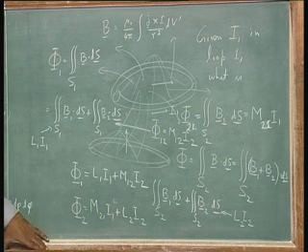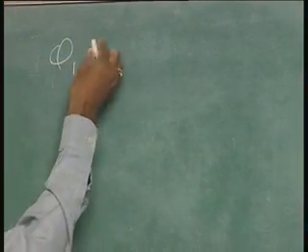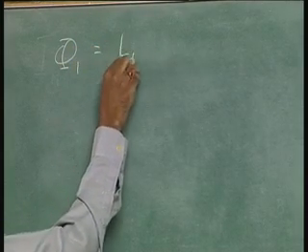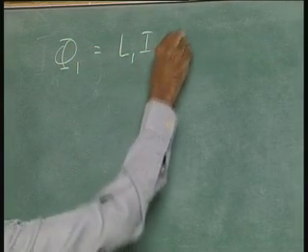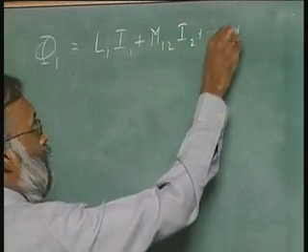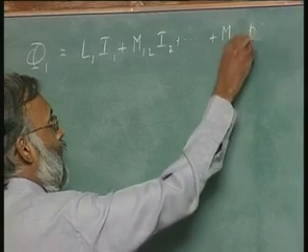So, I can write a matrix equation out, and the matrix equation will look like this. Phi 1, let me write out the equation first. Phi 1 is equal to L1 I1 plus M12 I2 plus M1N IN.